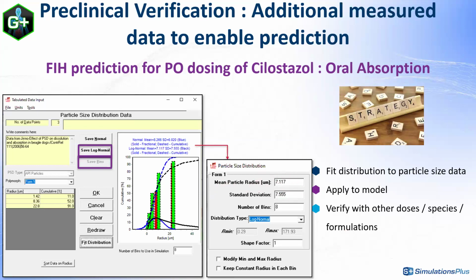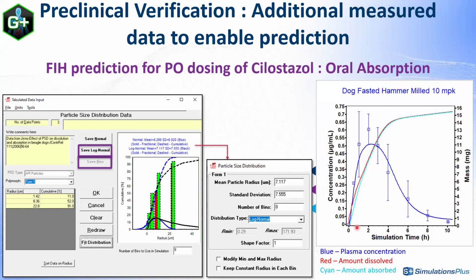If we fit this and resimulate, you can see that this does improve the prediction and enables the data to be simulated within the bounds of the observed data. However, confirming this with different formulations or dose levels or species is advisable before you take this input into a first-in-human prediction.